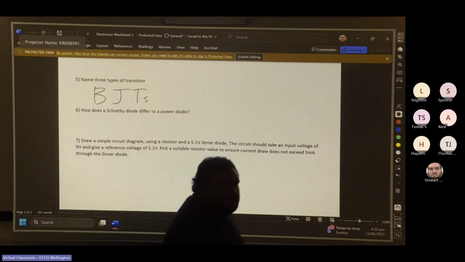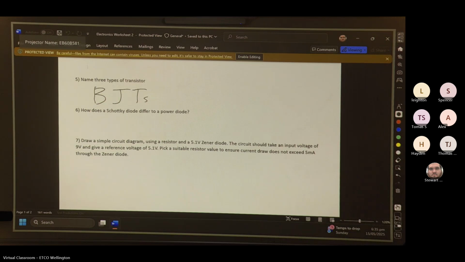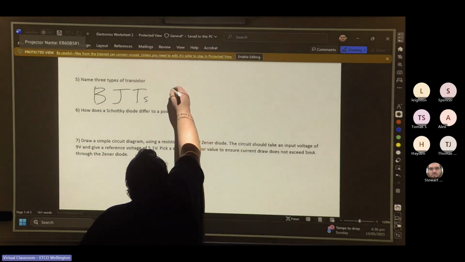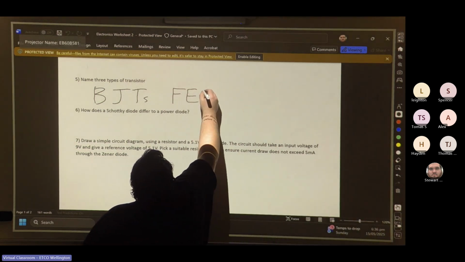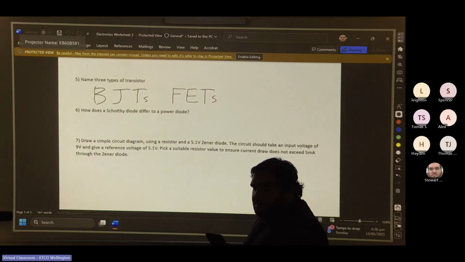I will accept the 3-letter answer. Field effect, yeah, FETs. So field effect transistors. Yep. NPNs.